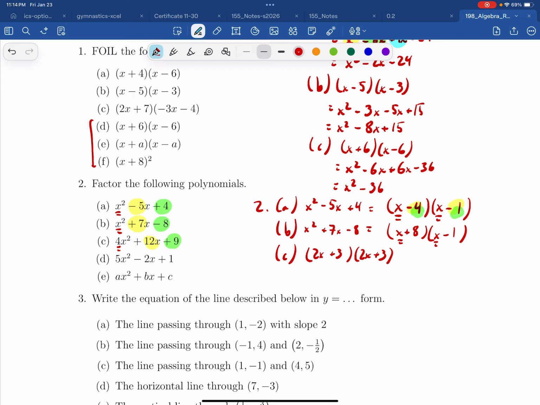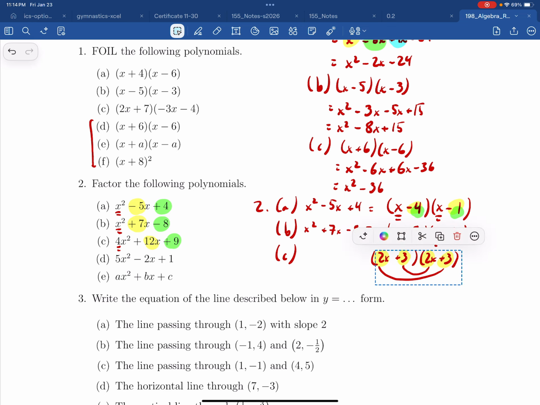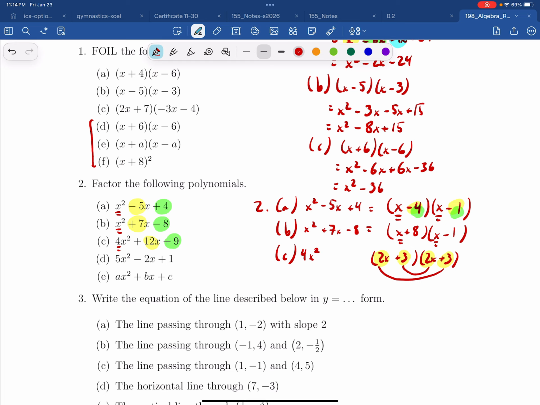And if you do that, you might actually see, well, wait a minute, we're going to get 3 times 2 is 6, and 3 times 2 again is 6, and that gives us 12. So I think we actually may have guessed correctly here. And we actually got our answer. So again, if I write this properly, 4x squared plus 12x plus 9 equals, then I think we're looking pretty good. And I'll leave parts D and E to you.